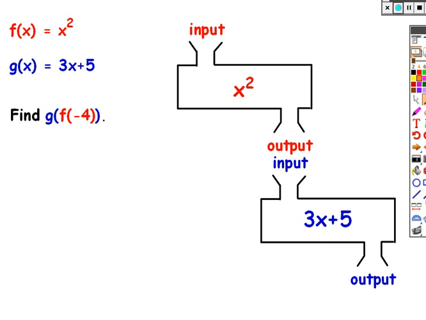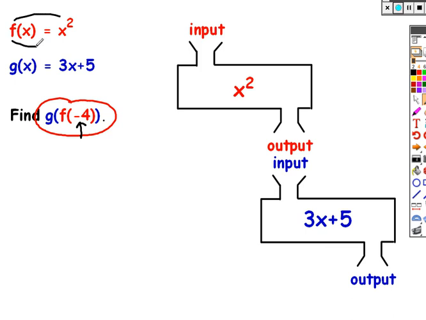So if I'm looking at a composite function, something like this right here, this is saying g of f of negative 4. You want to start at the innermost parentheses. What I'm asking you to do on this problem is take negative 4 and first plug that into function f.